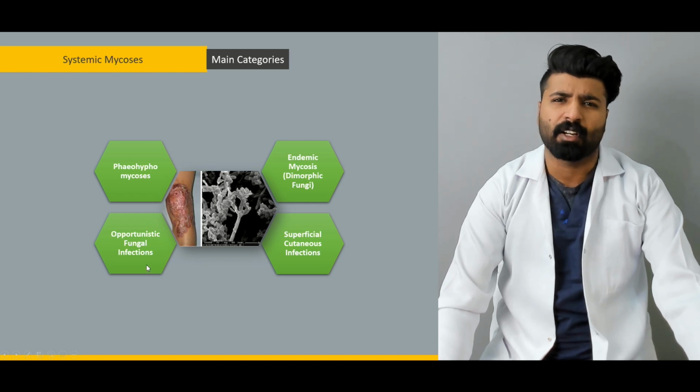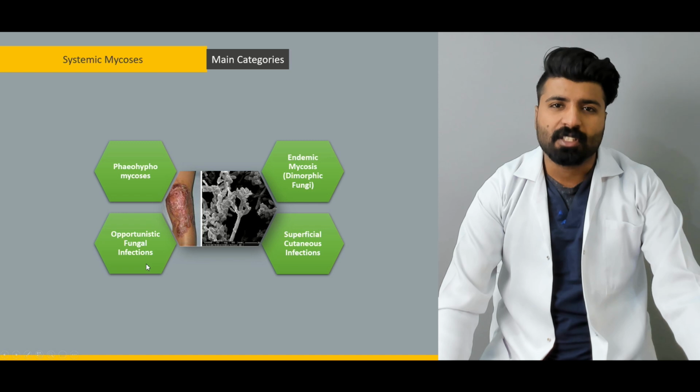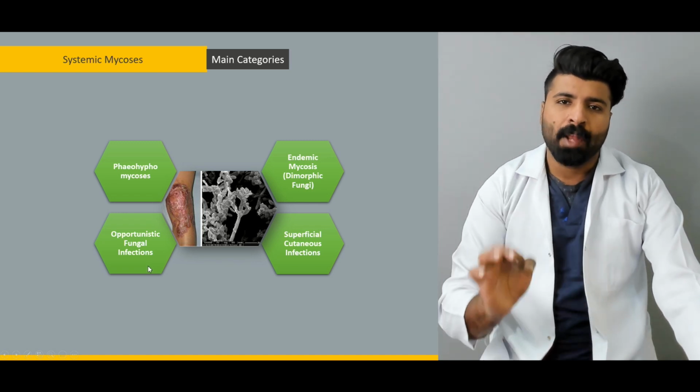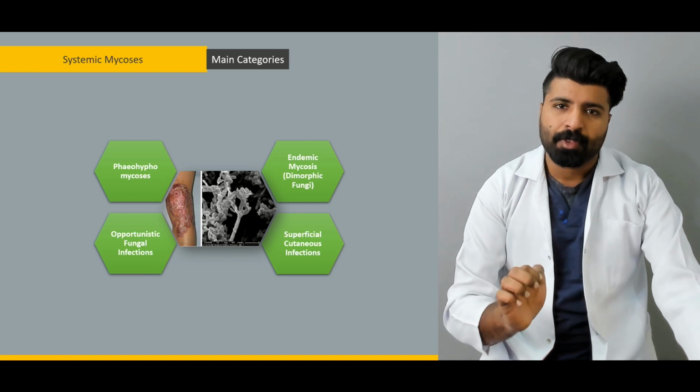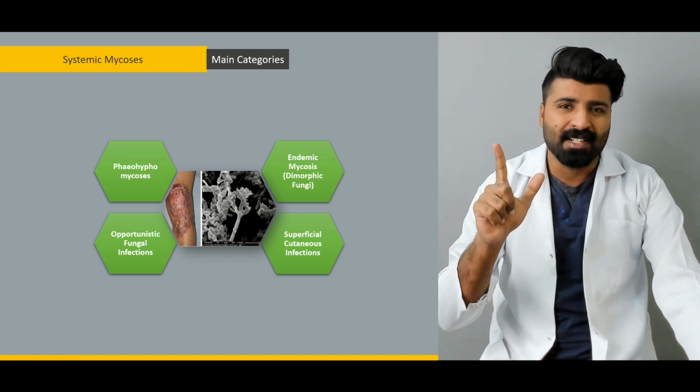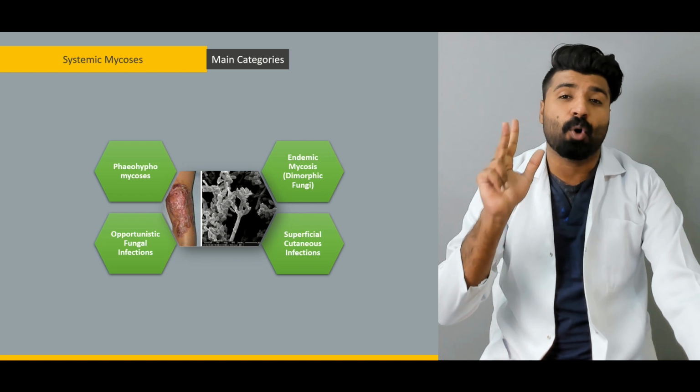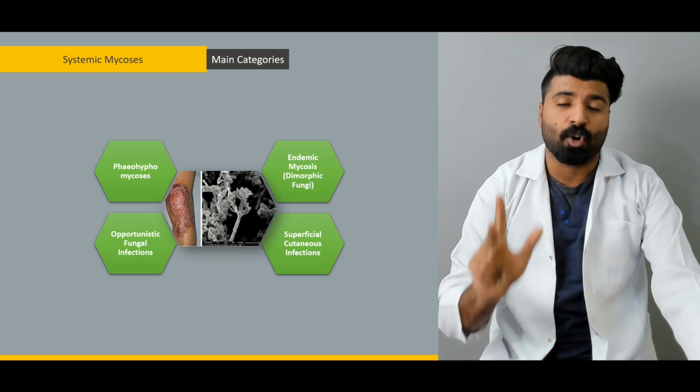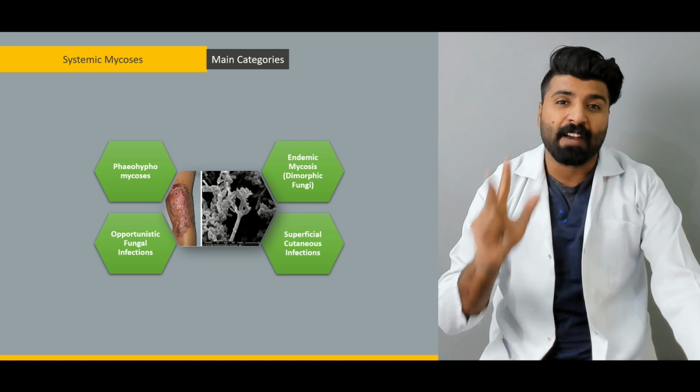What are opportunistic fungal infections? Opportunistic fungal infections are those fungal infections which occur when the patient is immunocompromised, when the patient is taking immunosuppressants, or if the patient is already suffering from a chronic disease or a chronic infection.